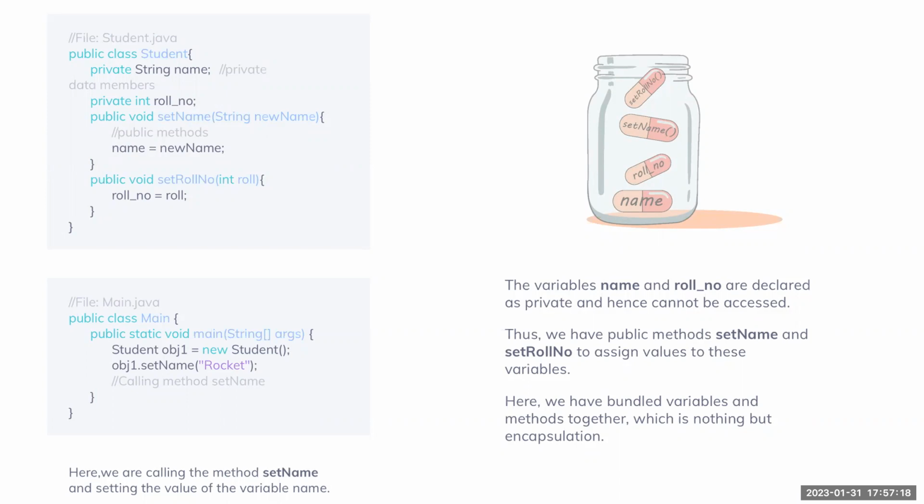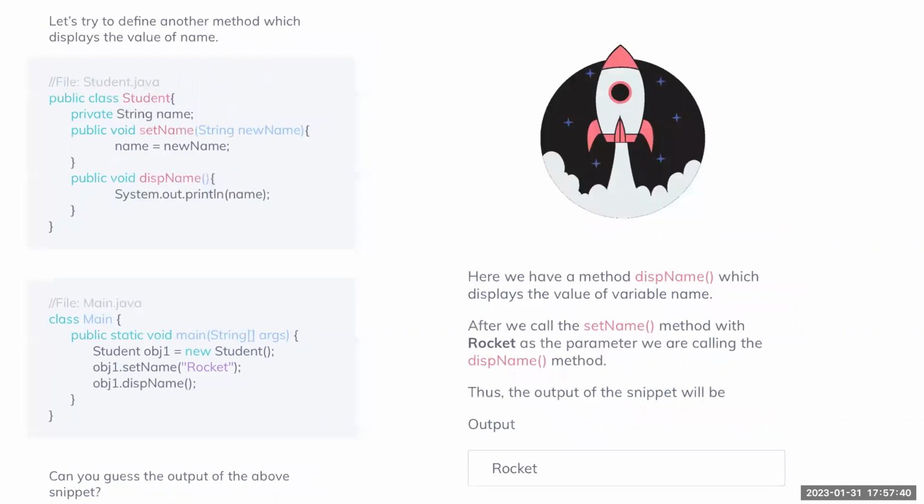Whatever the private data member is, you cannot access it directly by declaring the student class object, but you can still access them using these public members.